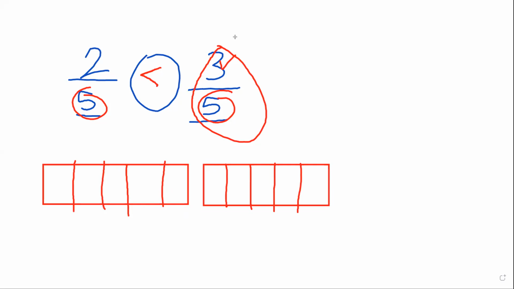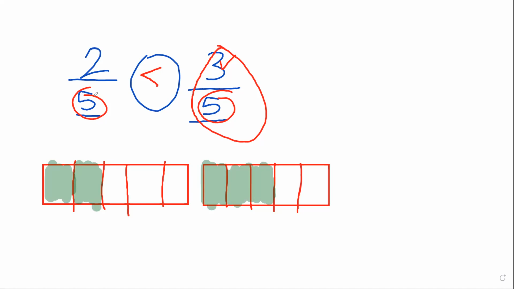Okay, now, the first one here, what do we have? We have 2/5. That means I have to shade 2 only. And here I have to shade 3. So now, which is greater, the first one or the second one? The second one.